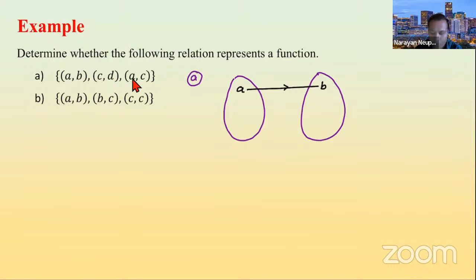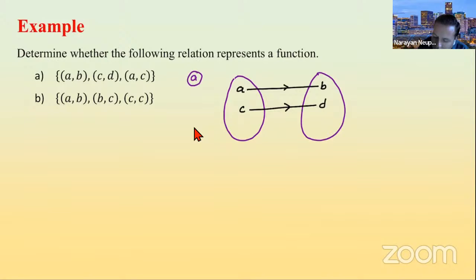Now C is mapped to D. C comma D means C is mapped to D. And then A is mapped with C again. Over here we have A mapped to B already.